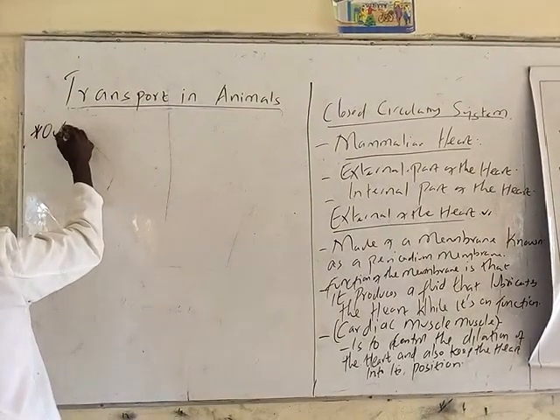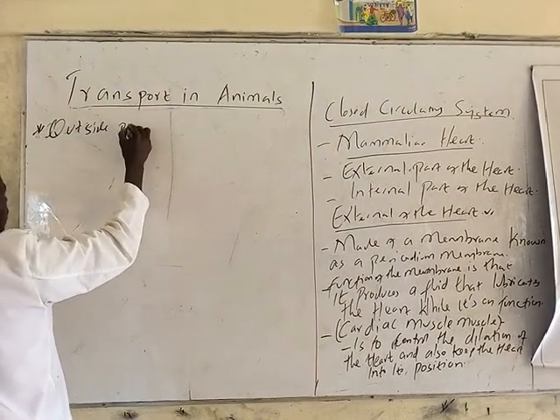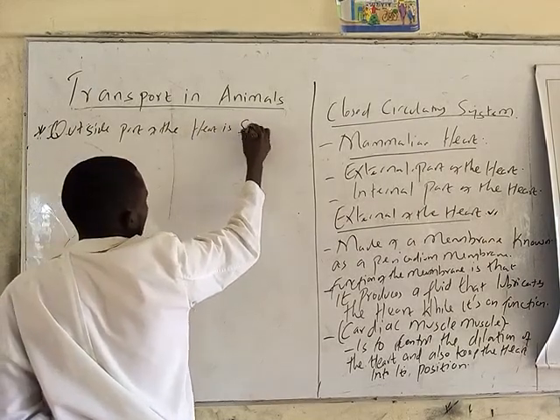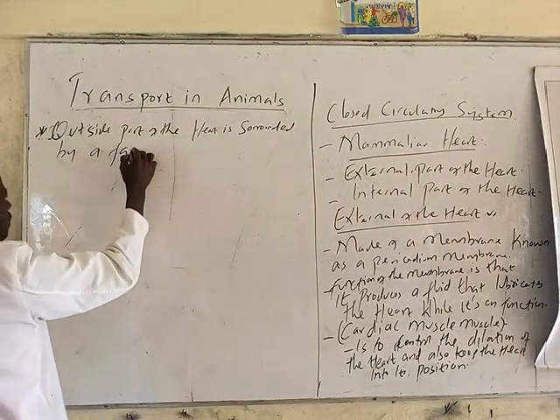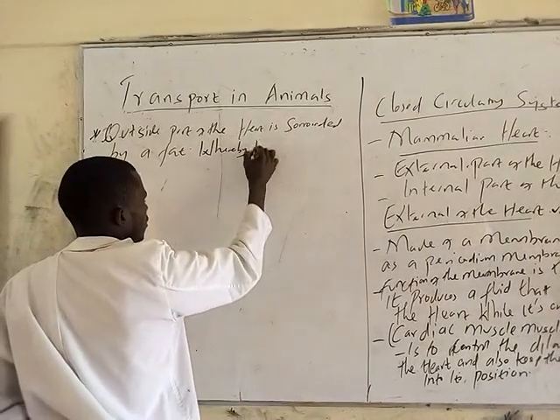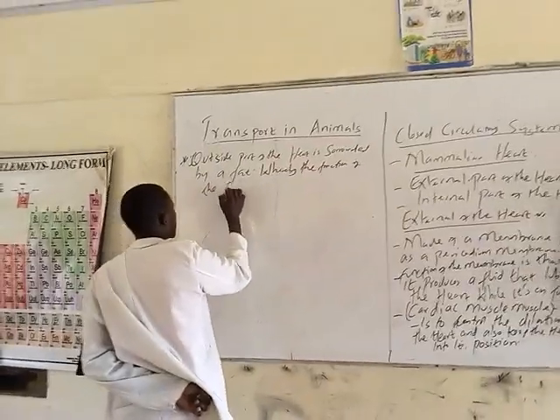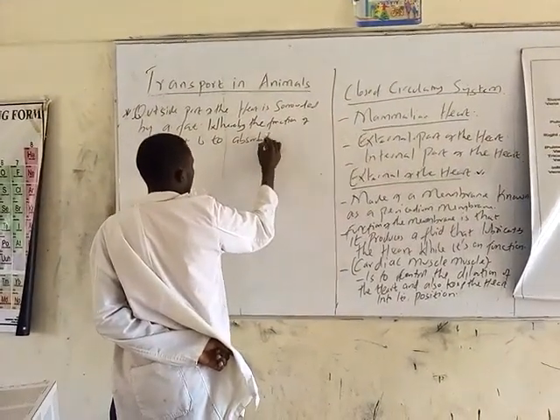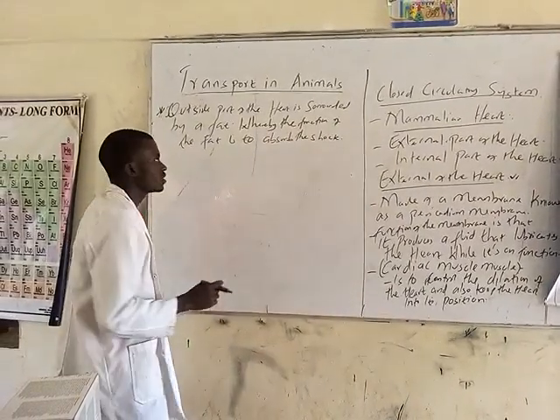The outside part of the heart is surrounded by fat, whereby the function of the fat is to absorb shock when the heart is in function.